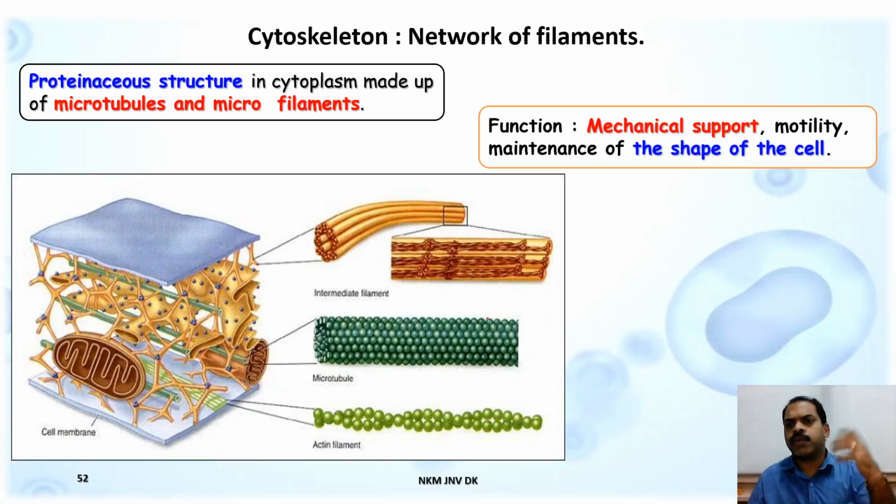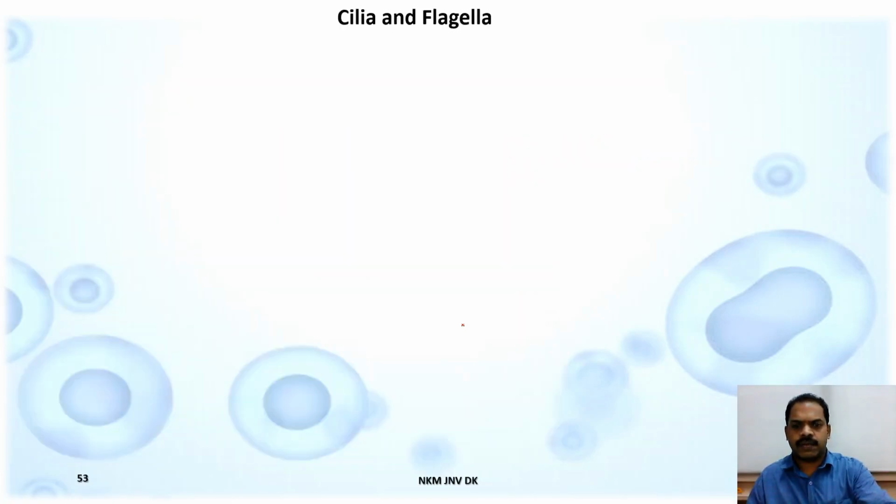It also helps in motility and maintaining shape, just like the movement of amoeba or the movement of WBC. For that type of motility, and also for cytoplasmic streaming, changes in the cytoskeleton are required. That is the major function of the cytoskeleton. Now let us go into the structures called cilia and flagella.